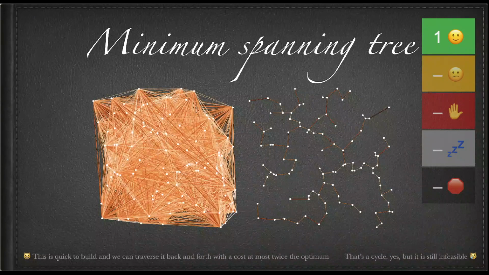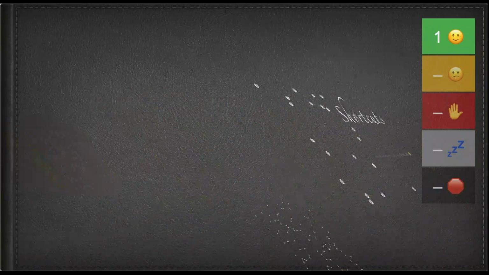And the optimum cannot be cheaper than the minimum spanning tree because it cannot use edges cheaper than these. Plus, it needs one more edge to close the cycle. So this cost that we have now cannot be more than twice the global optimum. So we can keep in mind that we actually have an upper bound on how expensive this is going to be when we start making it into a cycle.